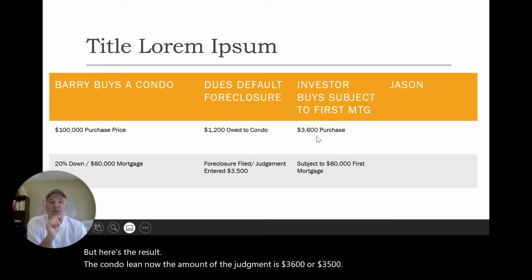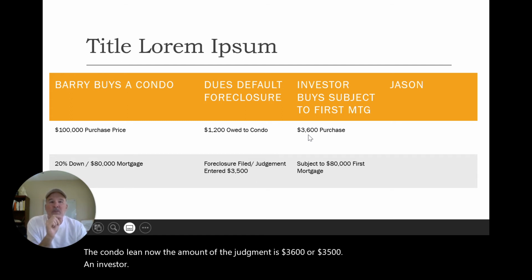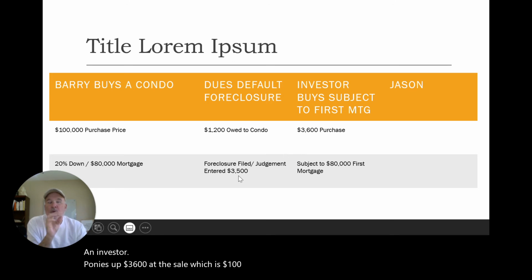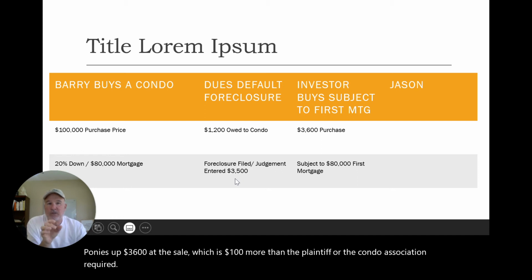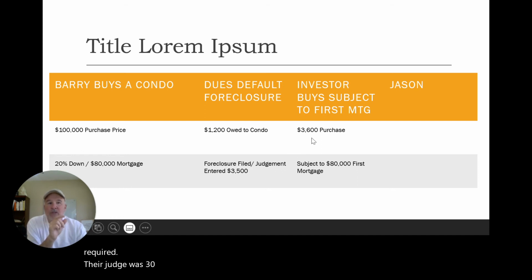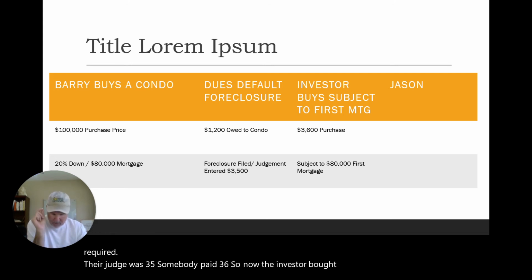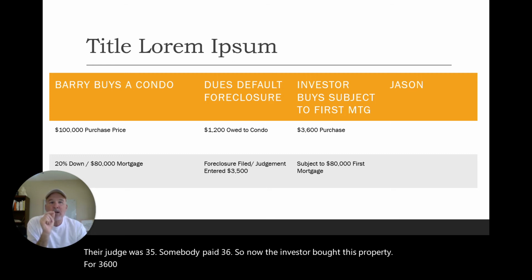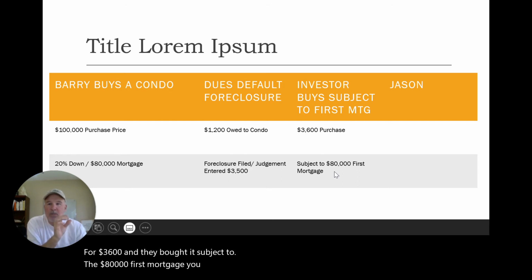An investor ponies up $3,600 at the sale, which is $100 more than the condo association required. Their judgment was $3,500, somebody paid $3,600. So now the investor bought this property for $3,600, and they bought it subject to the $80,000 first mortgage. You follow? You understand now?